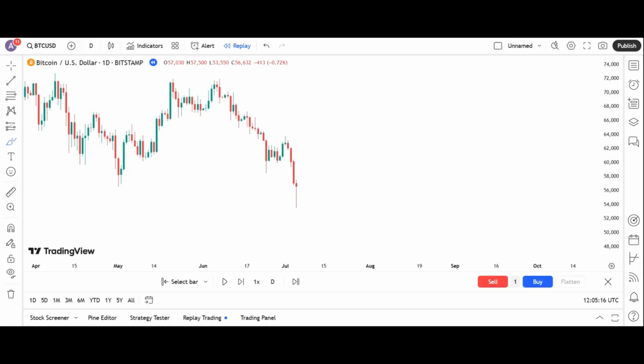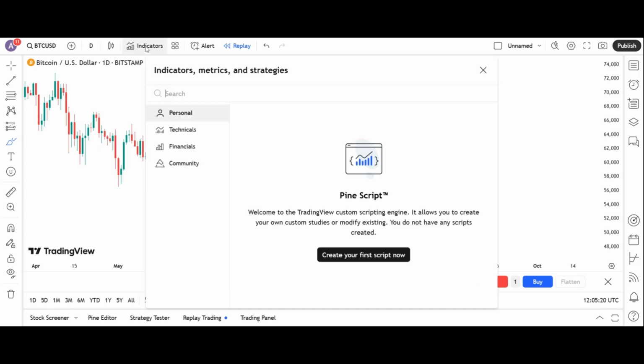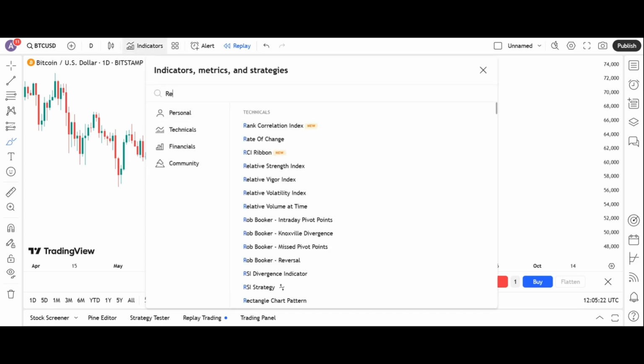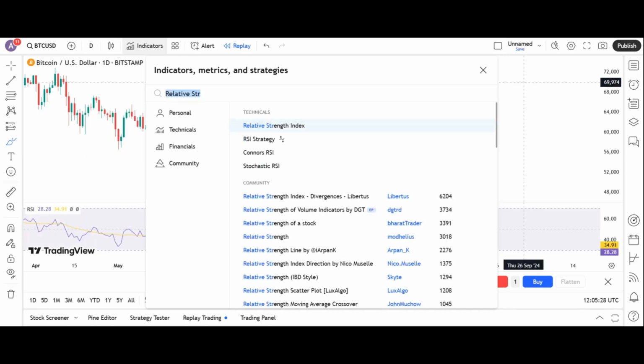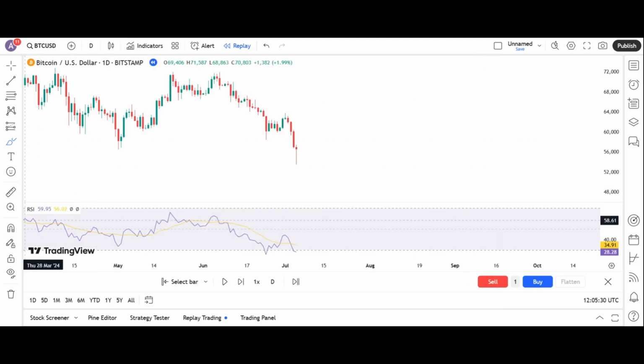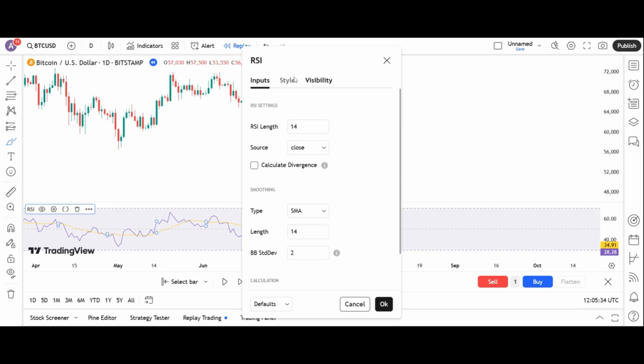Go to your desired chart in tradingview.com and go to indicator section and search for relative strength index and add it to your chart. Then you can go to settings and adjust settings based on your preferences.